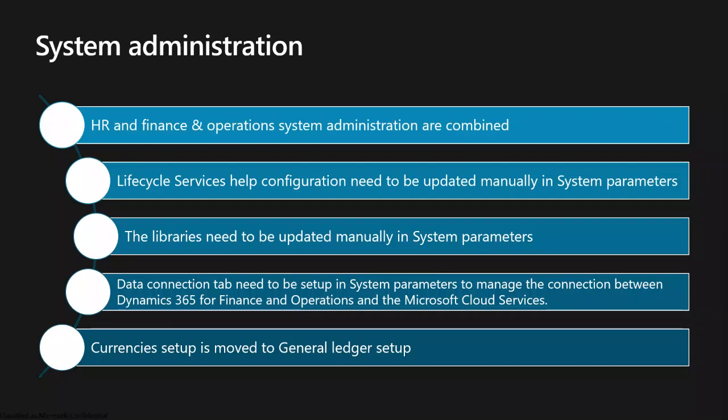That means everything in HR, plus everything in finance, supply chain management, commerce, and project operations, because the Finance and Operations infrastructure includes all the functionality and all the apps and features for all of those products.